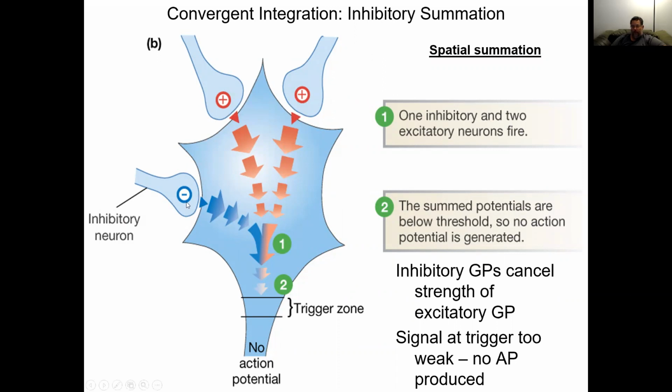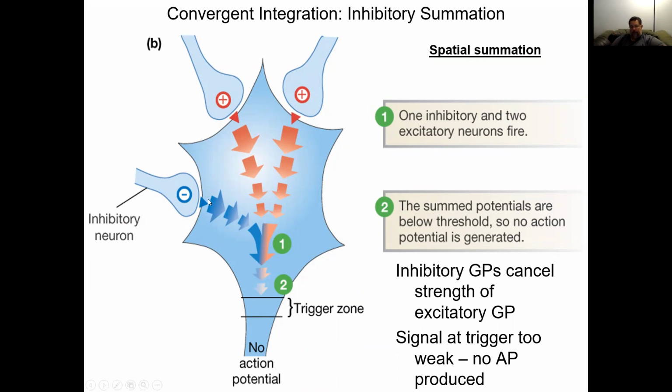But in this particular case, the inhibitory neuron actually reduced the voltage. I should make it more clear: the sodium increased the voltage, and in this case, the inhibitory neuron reduced the voltage, just to make it very clear.